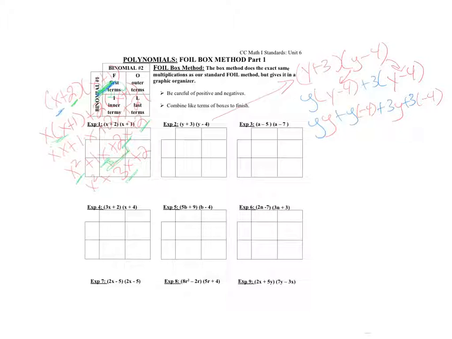So all we did was distribute the y to both of those and the 3 to both of those. So y times y is y squared. Y times negative 4 is negative 4y. 3 times y is 3y. And then 3 times negative 4 is negative 12.